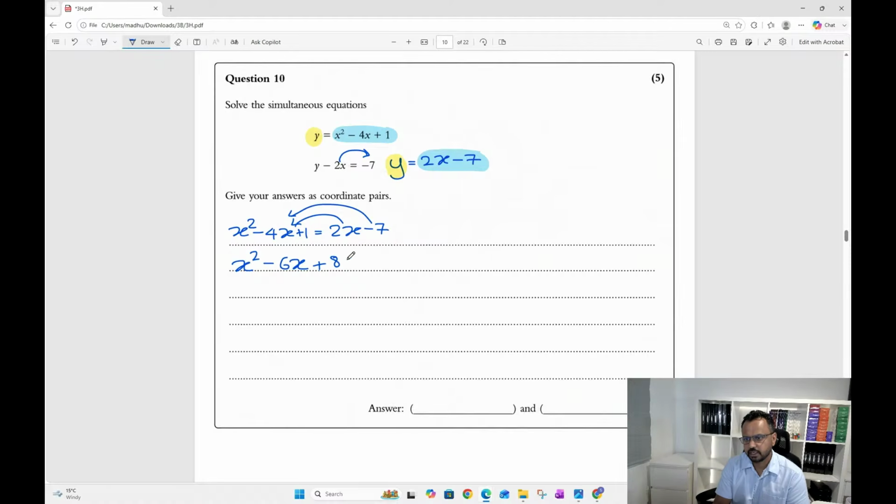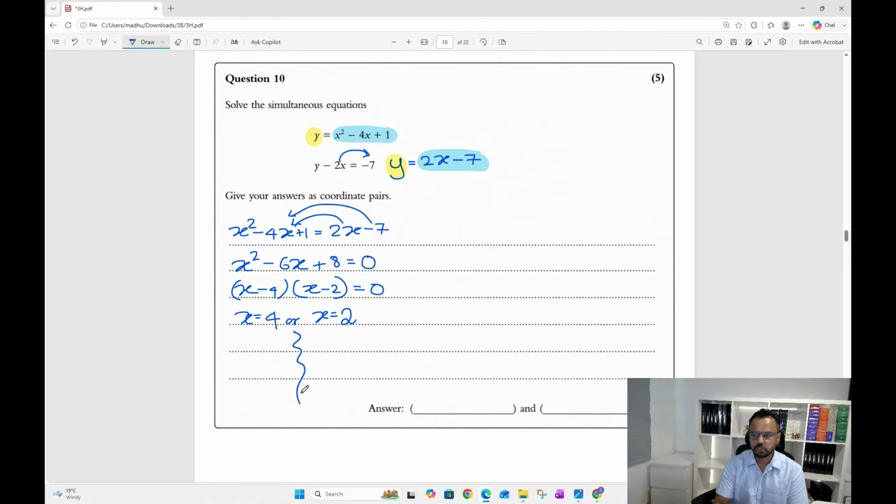That will be plus 8 equals 0. Now, two numbers that add up to negative 6 and multiply to give you positive 8 are negative 4 and negative 2. So, x is either 4 or x is 2.